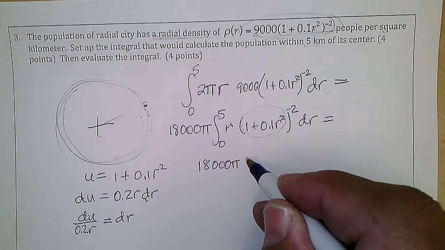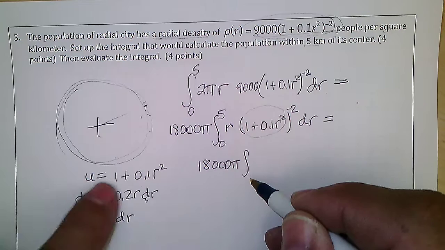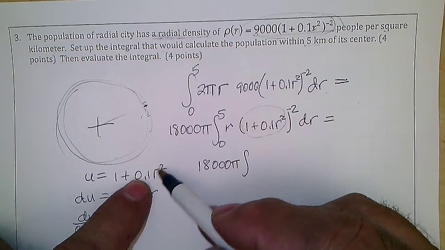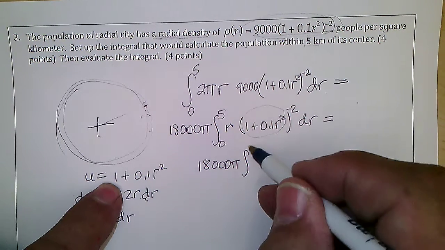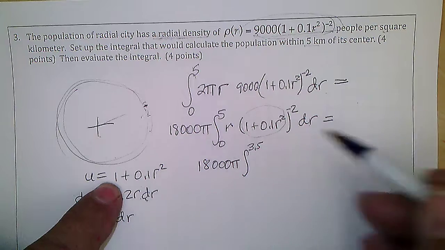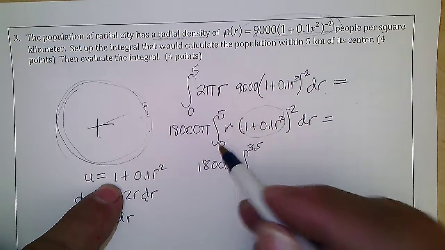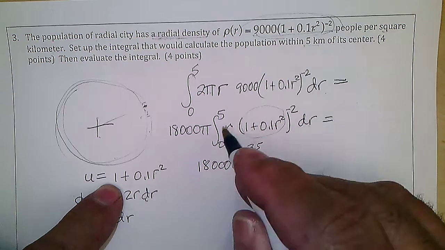All right. So this becomes 18,000 pi integral, changing the limits. 5 squared is 25 times 0.1 is 2.5 plus 1 is 3.5. Putting in 0, that becomes just 1. We have an r that we're hoping disappears.